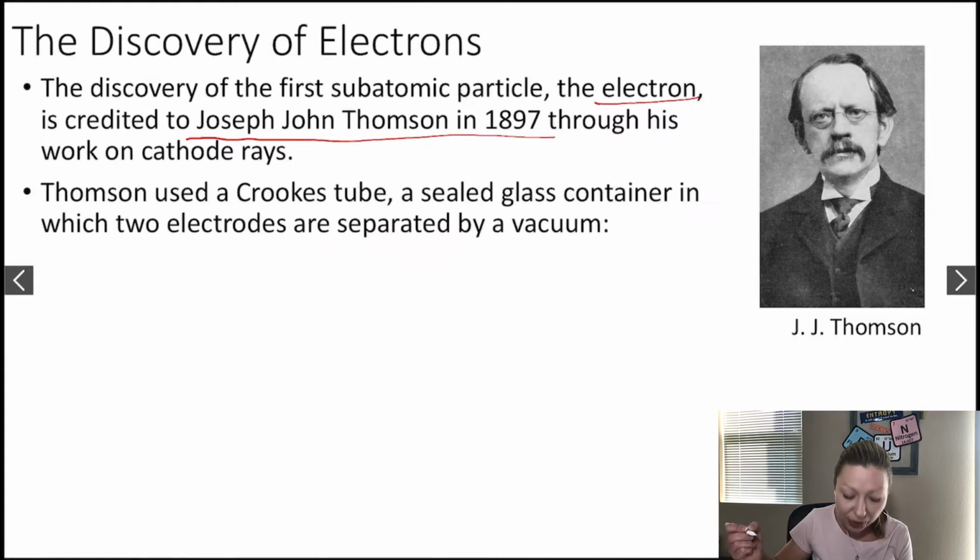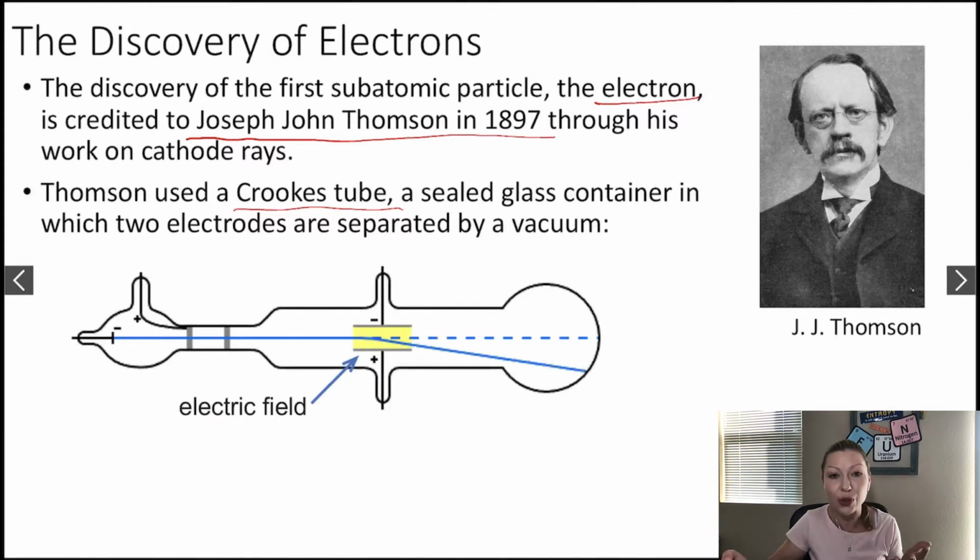So in his experiments, he used the so-called Crookes tube, which is a glass container in which two electrodes are separated by vacuum. In these tubes, cathode rays were generated here on this part of the tube.